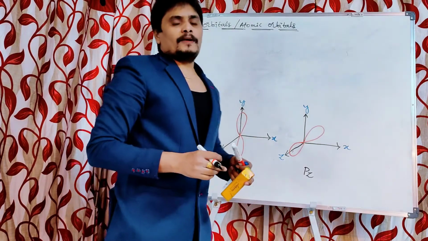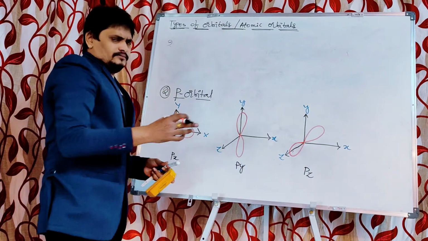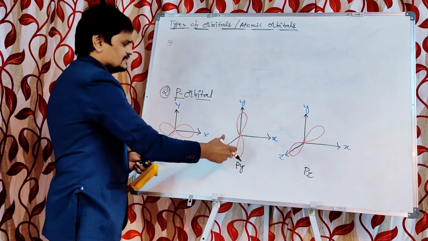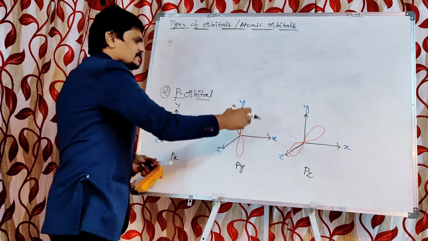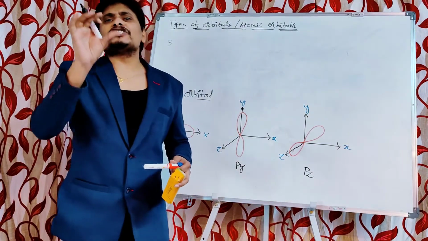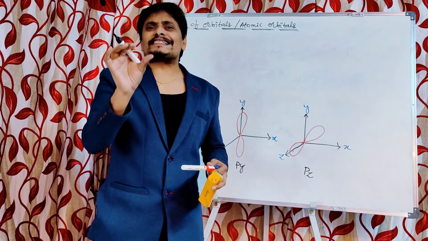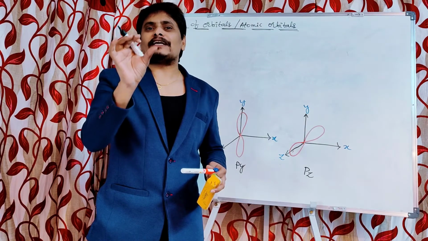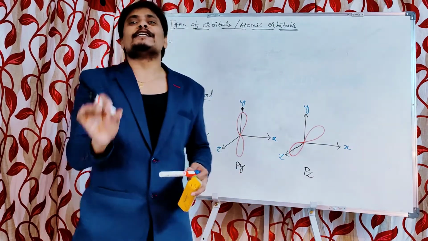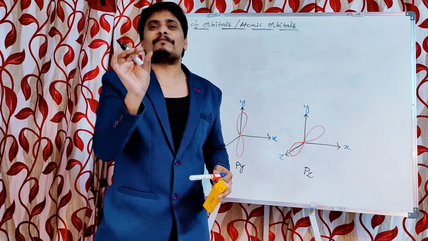Right? So what do you mean by the dumbbell? That is, the lobe is located on the x-axis in the case of px, on the y-axis in the case of py, and on the z-axis in the case of pz. What do you mean by the location of the lobe? It means that the electrons are sitting in that particular axis. That is, the probability of finding the electrons is maximum in that particular axis.